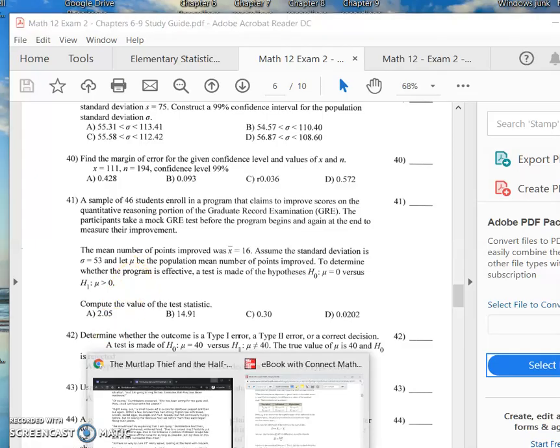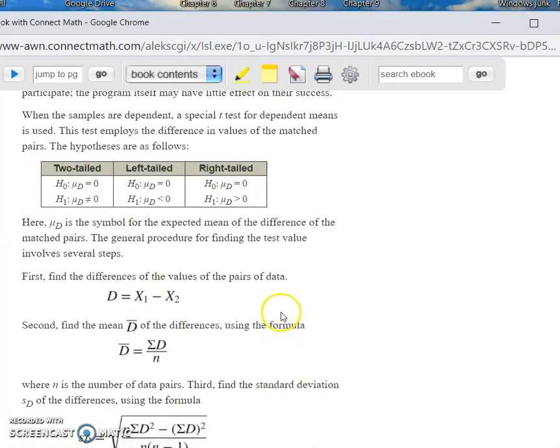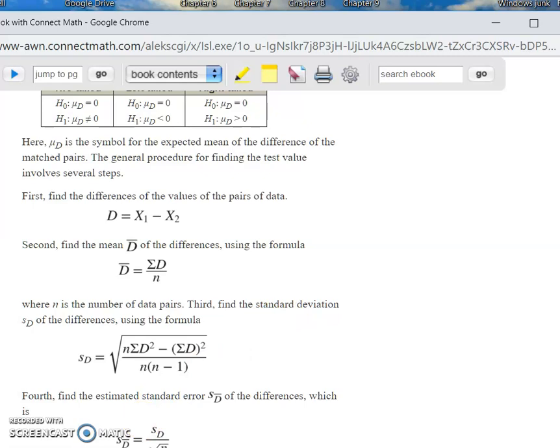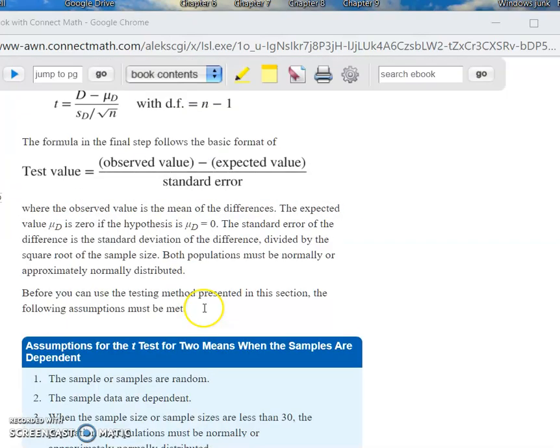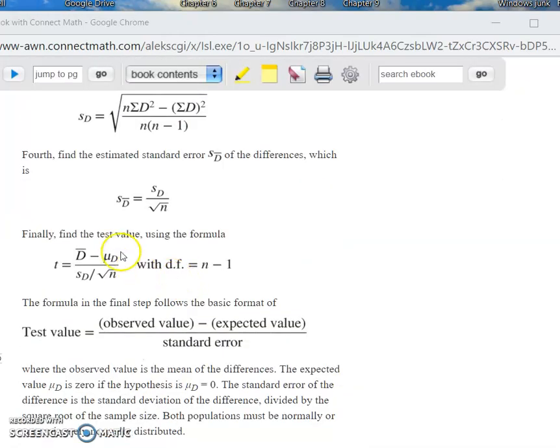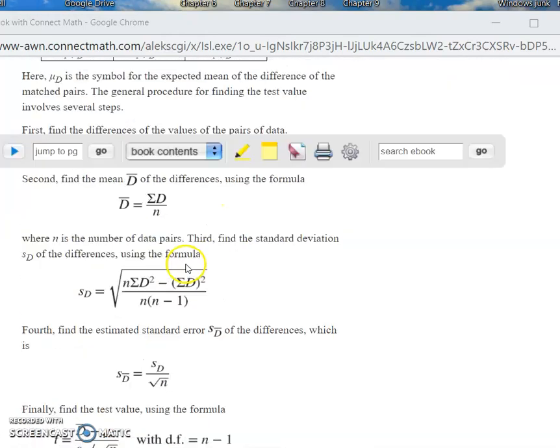Now let's compare that to what he has in the book. Again, unfortunately, the notation is slightly different here.